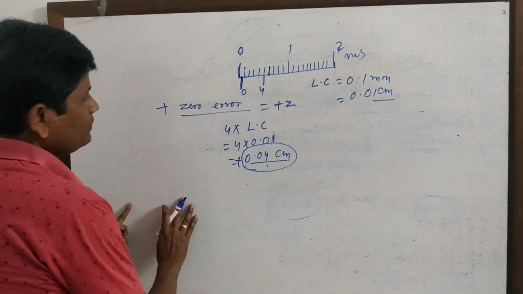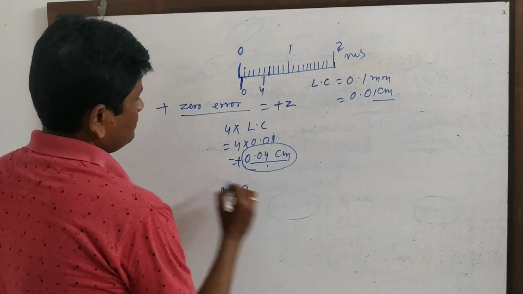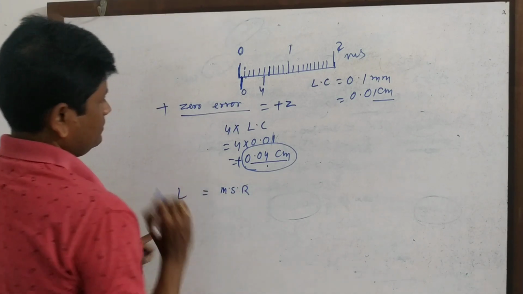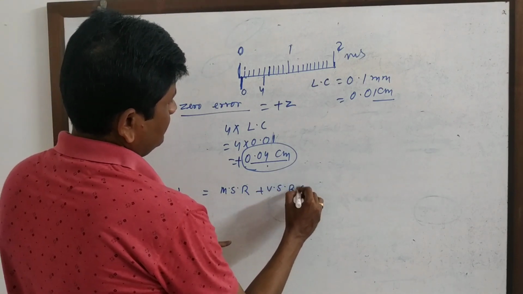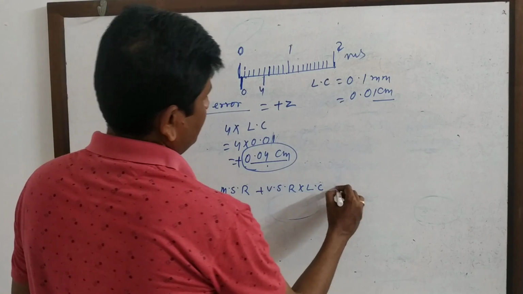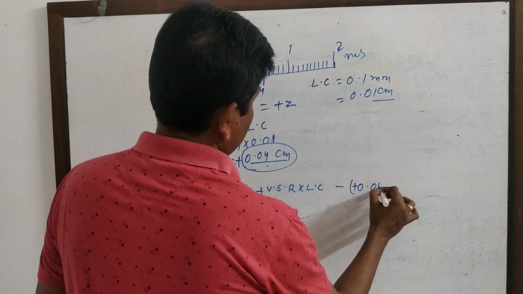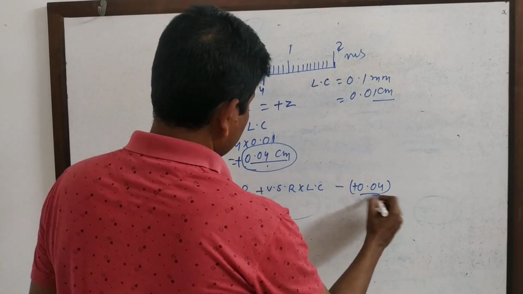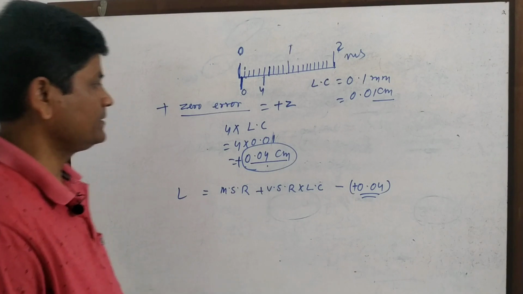The true length will be main scale reading plus vernier scale reading into least count, minus 0.04. This much amount will be subtracted.